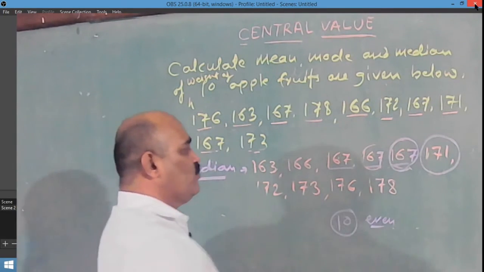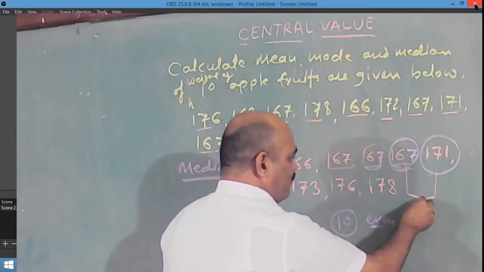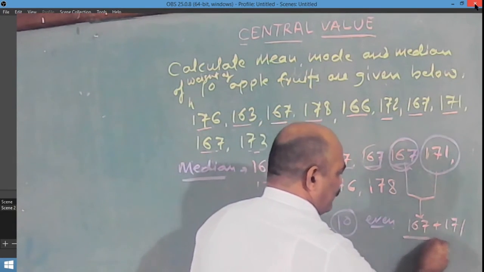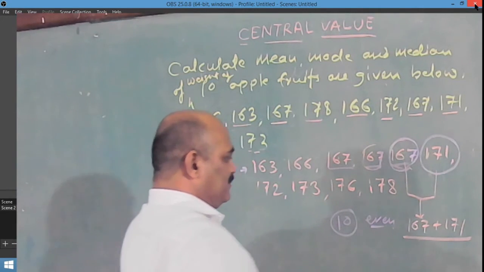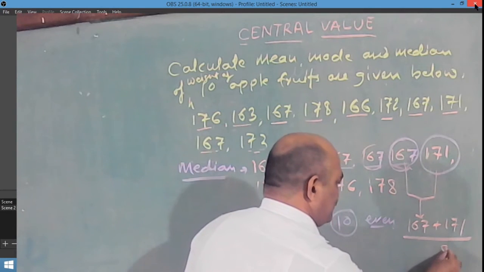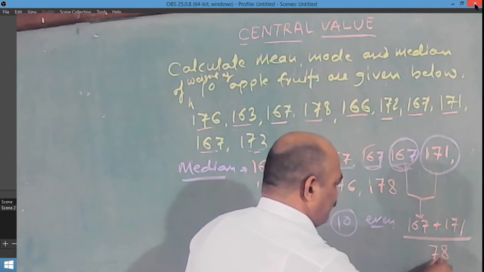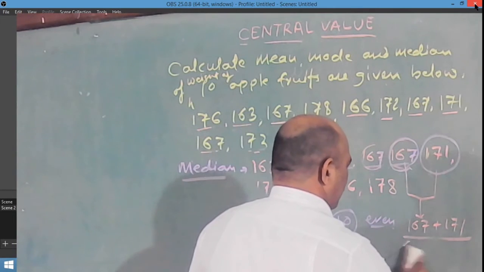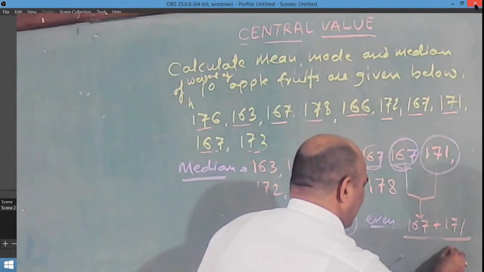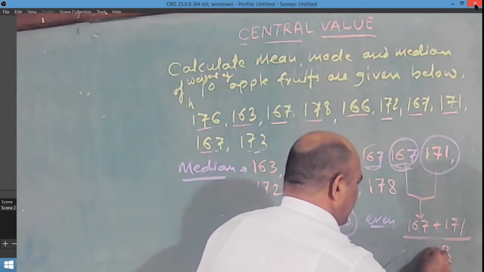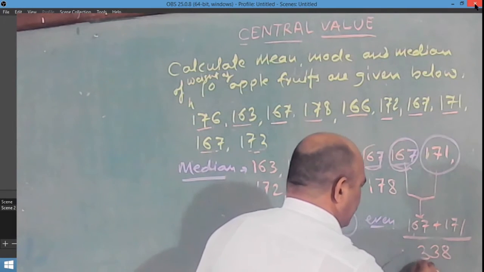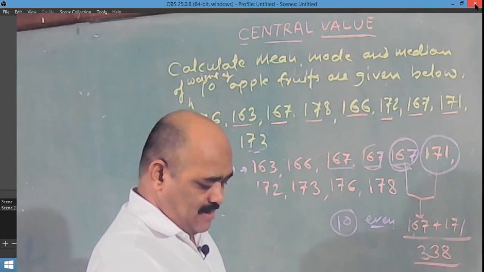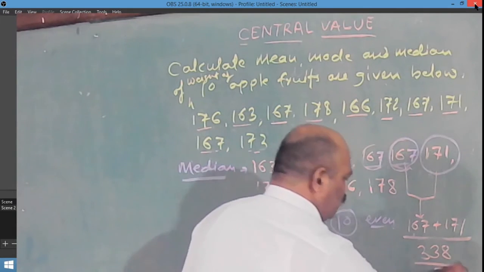So we need to sum both observations. That means 167 plus 171. The total is 338, divided by 2.